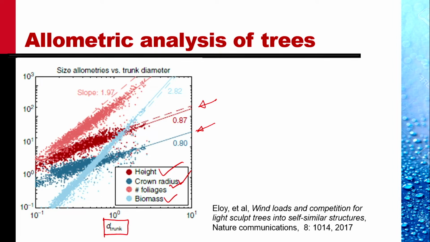The biomass is density times the volume, and the volume should scale as 3 lengths, and we get 2.82, quite close to 3. And therefore, this confirms that trees are also quite similar.